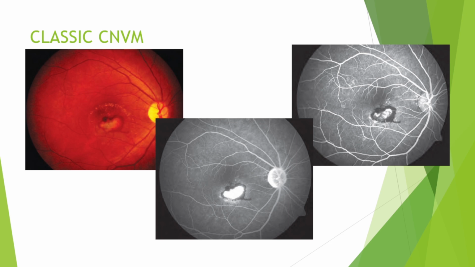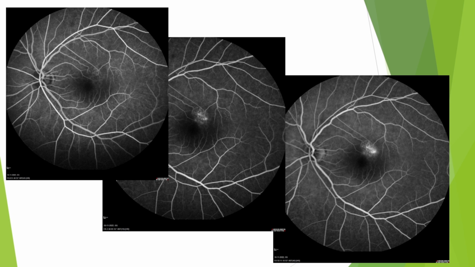In the later phases, we can see the increase in intensity, suggesting classic CNVM. This is a picture showing stippled hyperfluorescence near the fovea, which also increases in intensity, suggesting an occult CNVM.